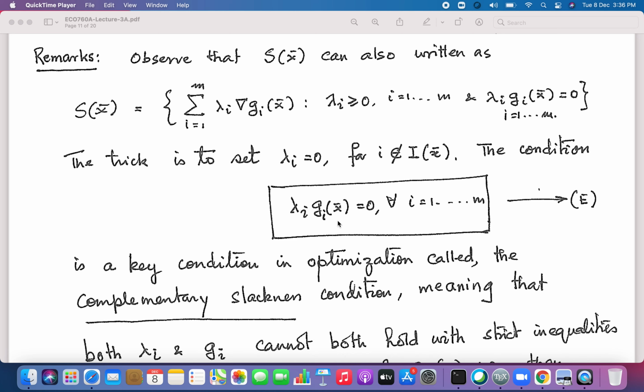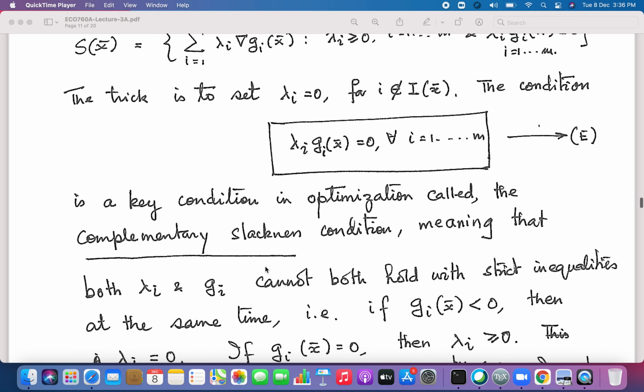That is, if gi x bar is strictly less than 0, you cannot have lambda i strictly greater than 0. Lambda i must be equal to 0. That is exactly what we did, setting lambda equal to 0 when gi x bar is strictly less than 0. So that whole thing can be combined into this small condition.